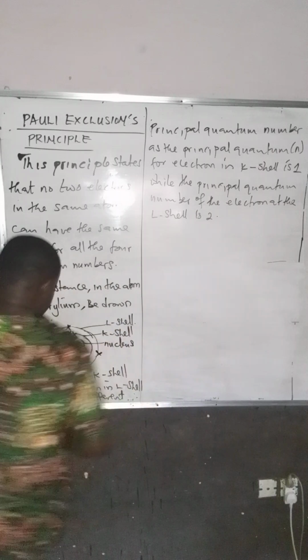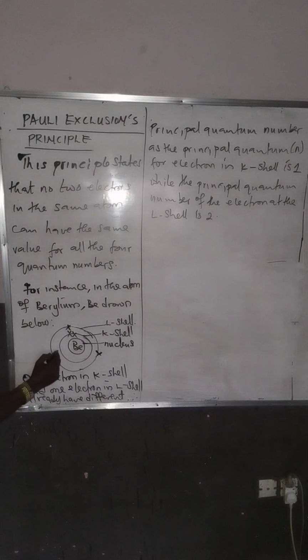So we have studied that for K shell n equals 1, but for L shell n equals 2. There are 4 quantum numbers. Already, the two of them have different principal quantum numbers. Then they might be different in azimuthal, different in magnetic, and different in spin or equal. It depends. But the 4 quantum numbers of the 2 electrons are not the same.